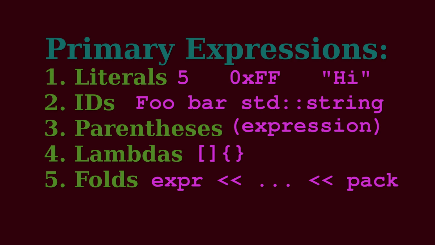The other two forms of primary expressions, lambdas and fold expressions, I'm not going to cover in any detail here, as they both warrant their own discussions entirely. But it is worth noting that they themselves are also forms of primary expressions and have grammatically the highest precedence in the way the language parses out.